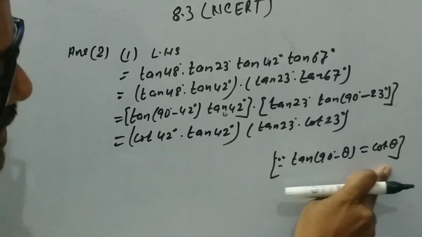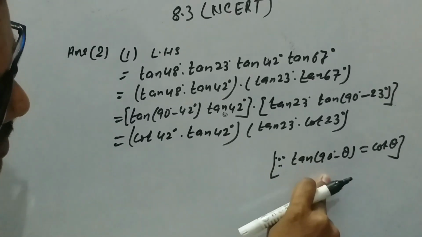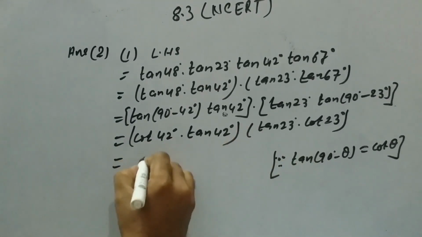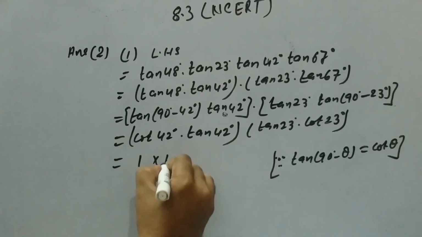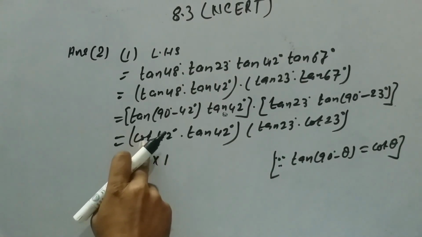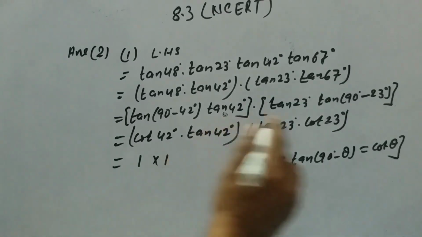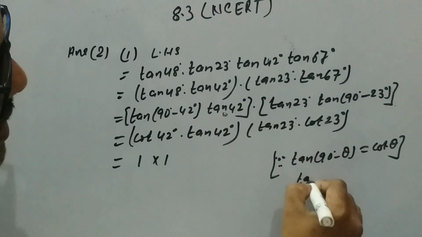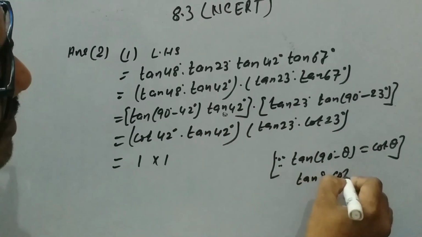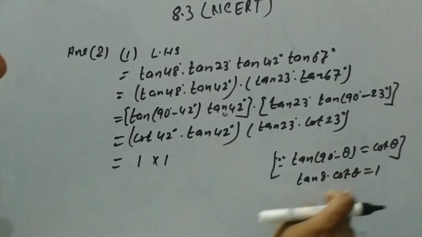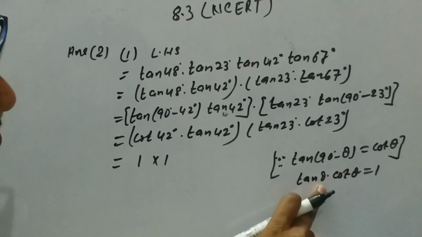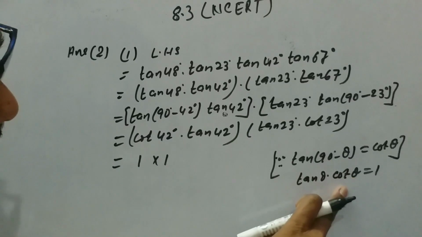This is explained in my theory section. So this becomes 1 and this also becomes 1, since cot theta into tan theta is equal to 1. You will write here tan theta into cot theta equal to 1. Here the angles should be the same, then this result will be applicable.